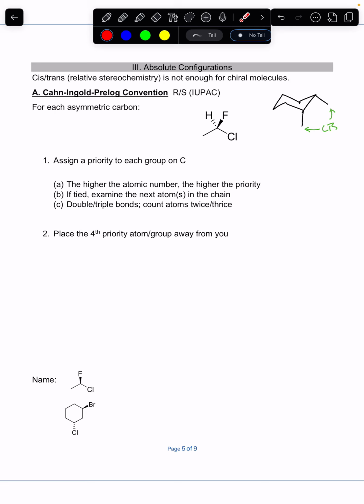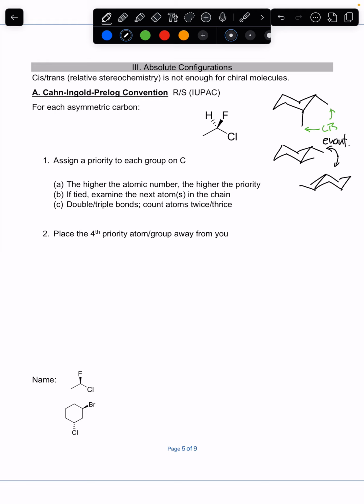But when it comes to chiral molecules, which this is, that's not enough to completely describe what this molecule should look like, especially if we are comparing this trans dimethyl cyclohexane versus that one. These two are actually mirror images of each other.